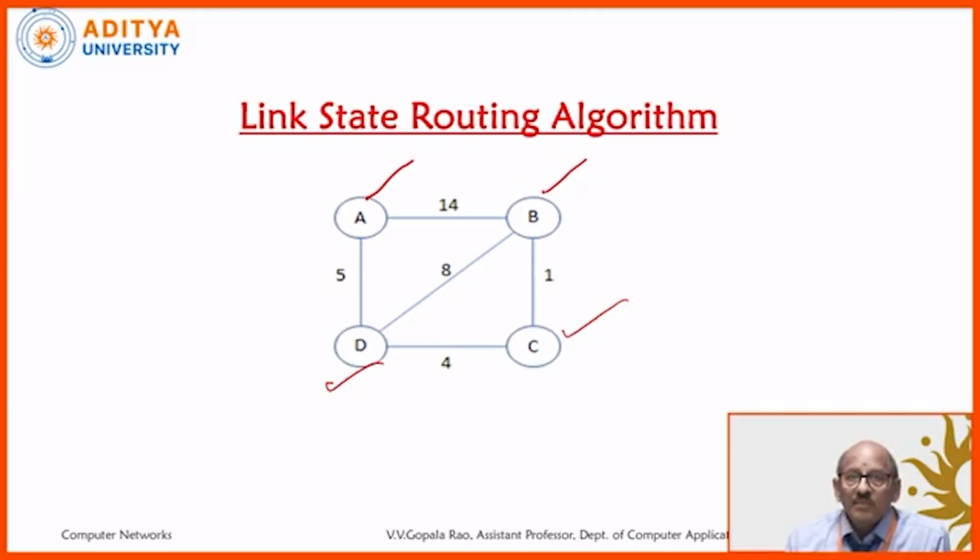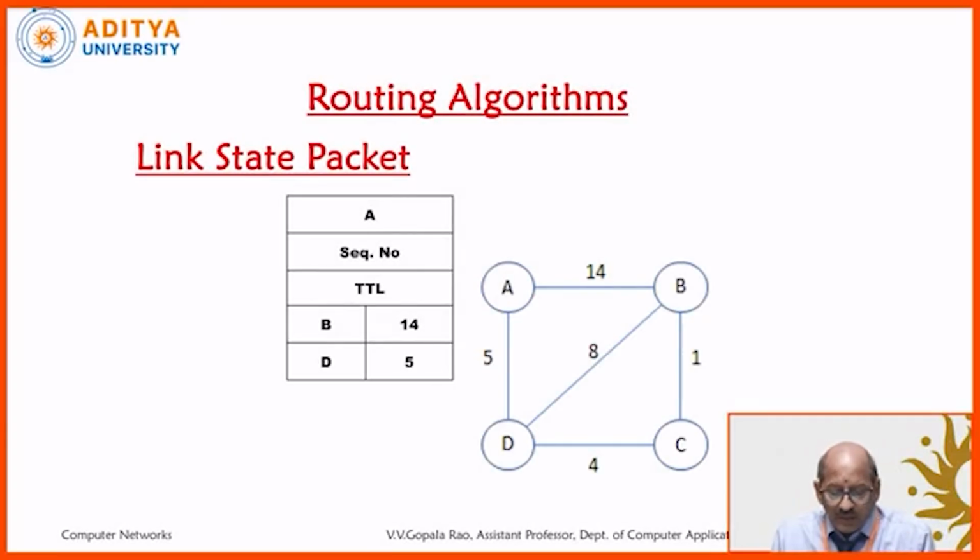A is going to determine the least cost to travel from A to B, whether to go directly from A to B using the cost 14 or whether there is any other way. That is the basic calculation that will be made in the link state routing algorithm using the Dijkstra algorithm. We'll see in detail how these things can be carried out.